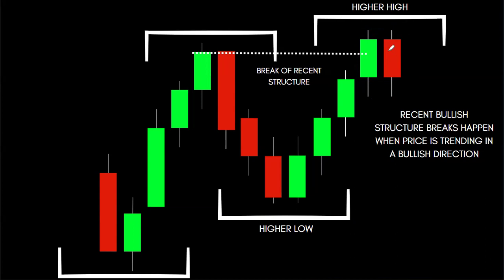Two things can happen, right? It either is going to go to here and break, or it's going to come down, pull up, and go down and break there.